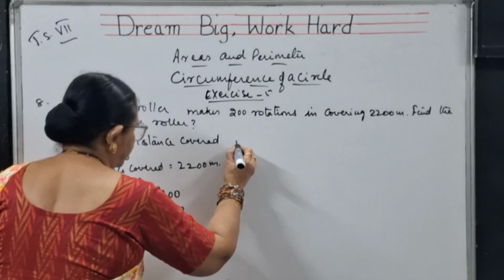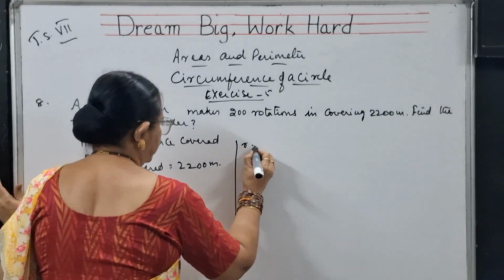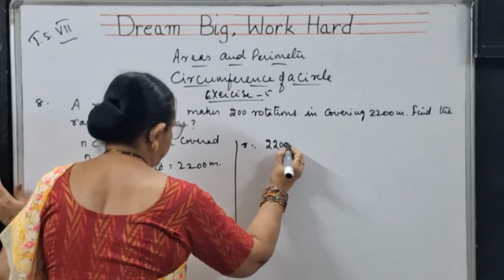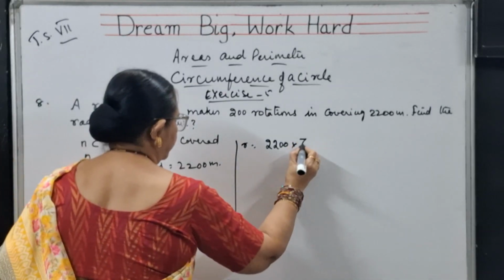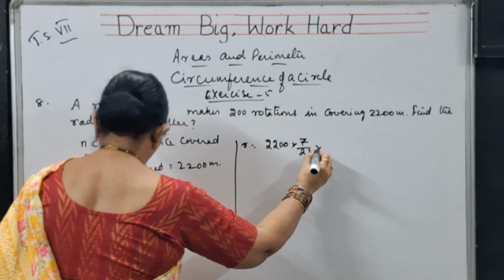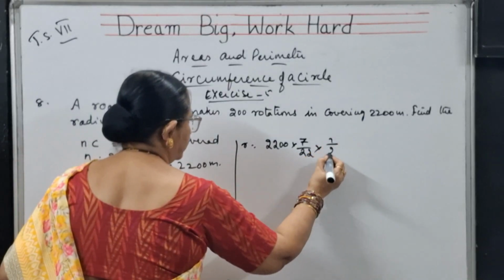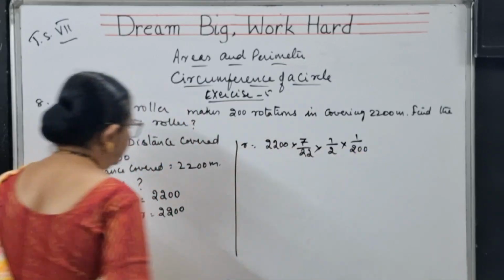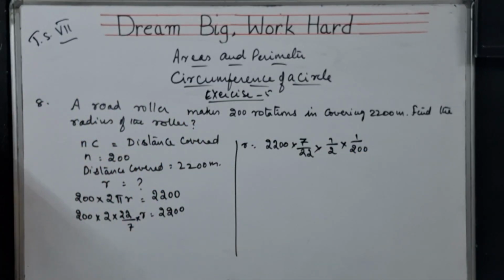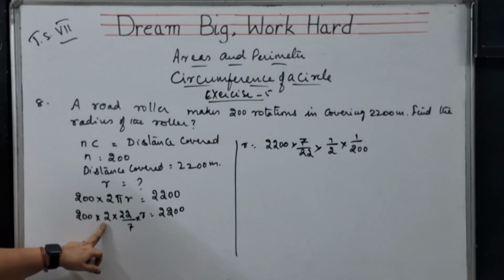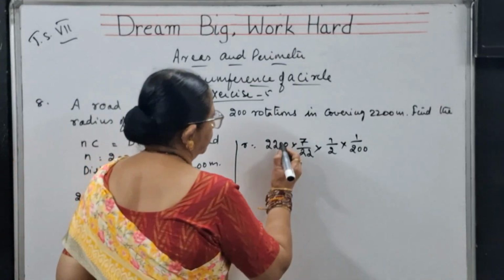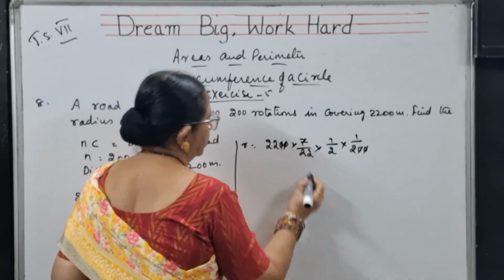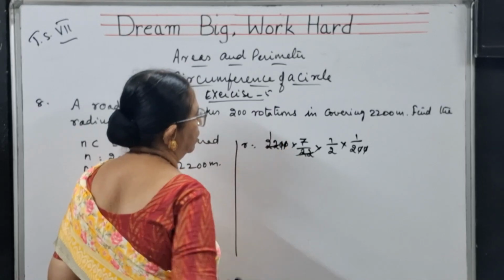So what is r, children? r is equal to 2200 into 7 by 22 into 1 by 2 into 1 by 200. What did I do? I have taken reciprocals of all. 200 becomes 1 by 200, 2 becomes 1 by 2, 22 by 7 becomes 7 by 22. So these two zeros will get cancelled. 22 ones are 22.